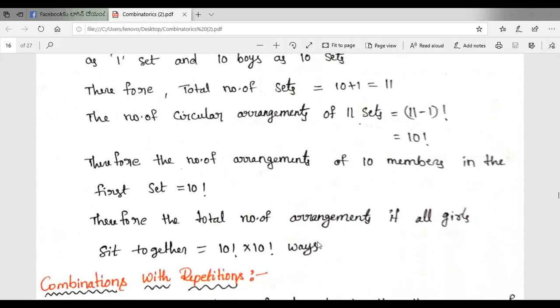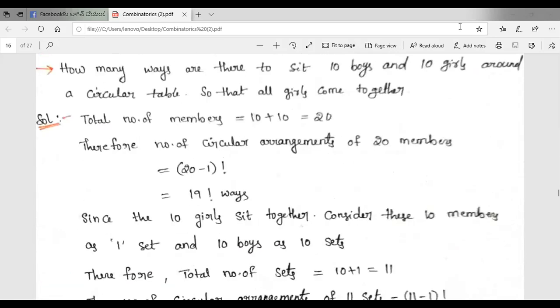So in this problem, we have 10 boys and 10 girls around a circular table so that all girls come together. The total members are 10 plus 10, 20, so the number of circular arrangements is 20 minus 1 factorial, that is 19 factorial ways. Since the 10 girls sit together, consider them as a single set, and the remaining 10 boys as 10 sets. So the total number of sets is 10 plus 1, that is 11 sets.